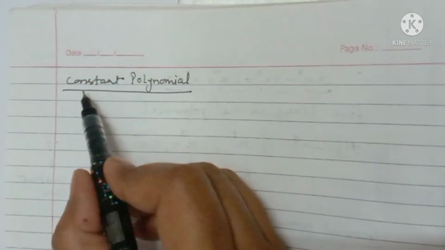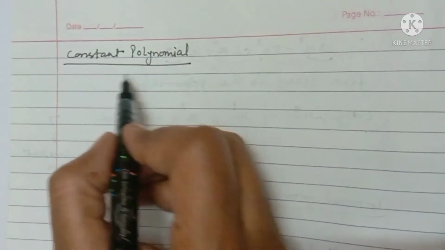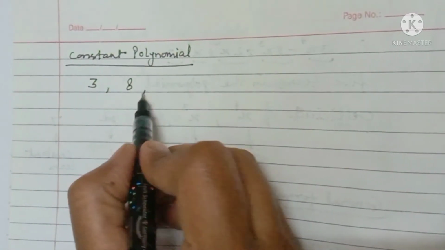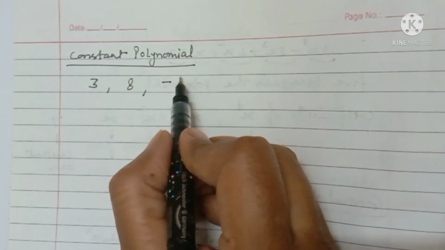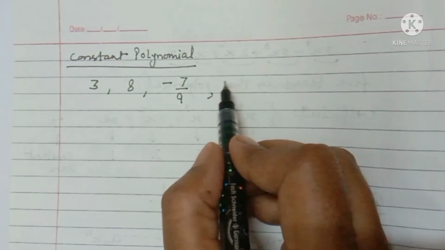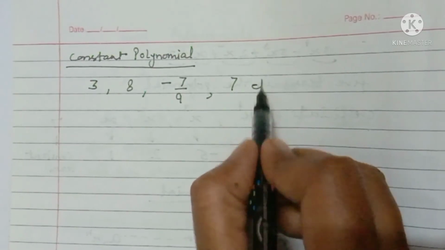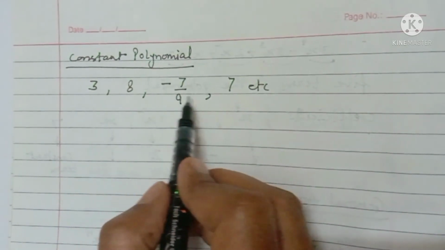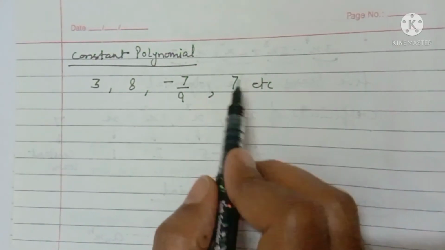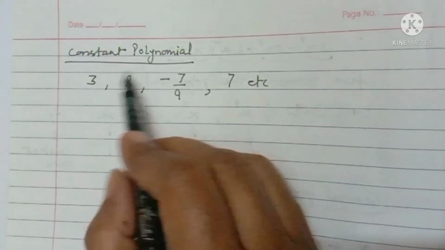Now next type is constant polynomial. What is the meaning of constant polynomial? Suppose numbers 3, 8, minus 7 upon 9 and 7, etc. These are the constants. They have fixed values. So these all are called constant polynomials.